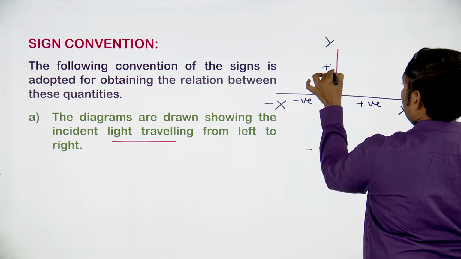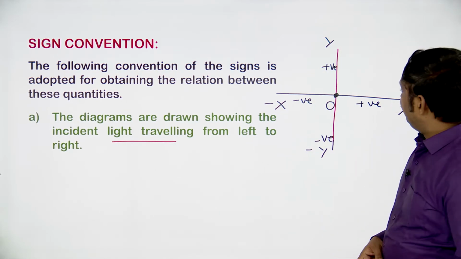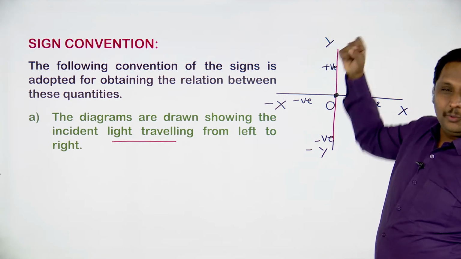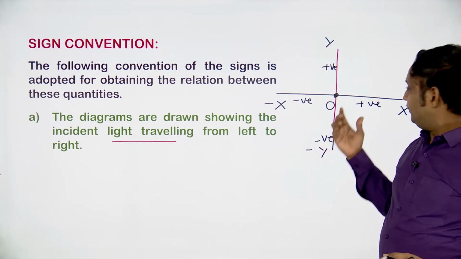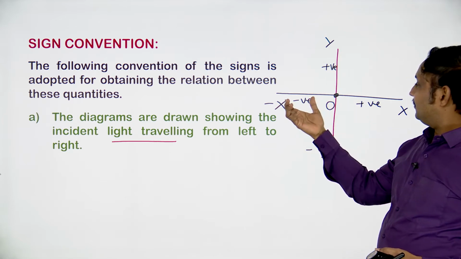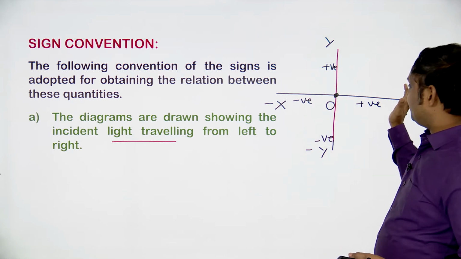It's very clear. Even if you take the vertical distance above the principal axis or below the principal axis, the vertical distance is going to be positive, negative here. The object distance is going to be negative, the image distance is positive.